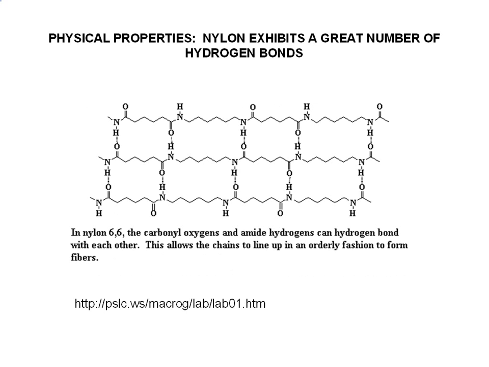Speaking of which, here is nylon 6,6, and this figure illustrates why the nylon polymeric chains line up in an orderly fashion to form strong fibers. The chains are linked through, as you can see, hydrogen bonding.